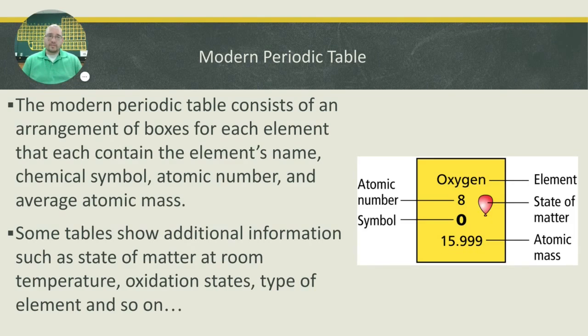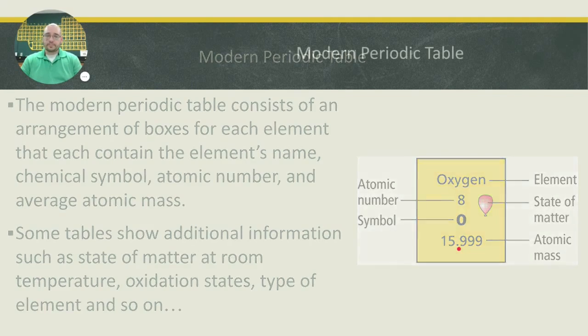Because in order to figure out the average atomic mass, you have to have the percent abundance of the different isotopes. Well, if there's only one isotope, or if we can't figure out the masses of the isotopes, then that's why those have the mass in parentheses. We just use the mass of that isotope.